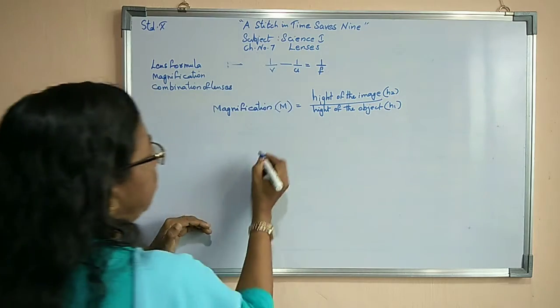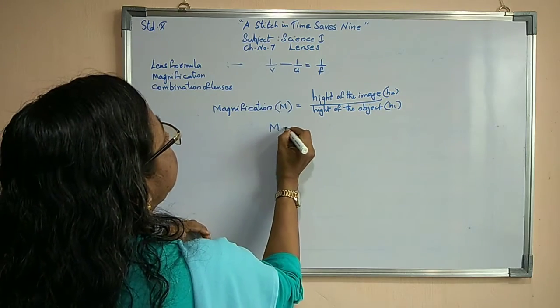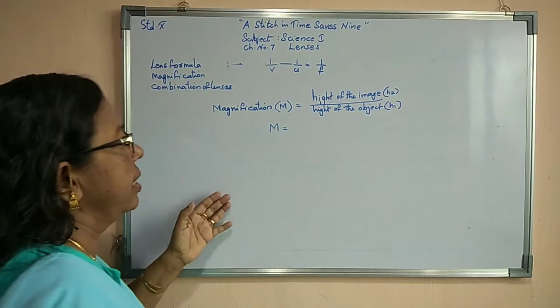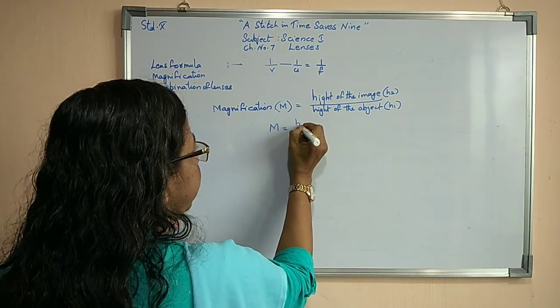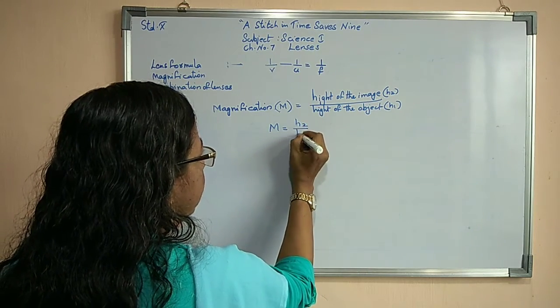Then the formula is M is equal to H2 upon H1.